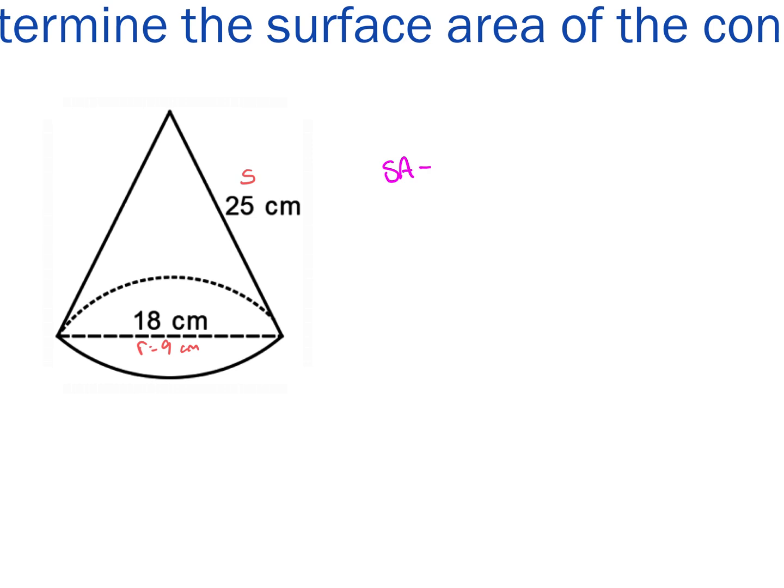Surface area is pi r squared plus pi r s. Radius is 9. And the slant height is 25.